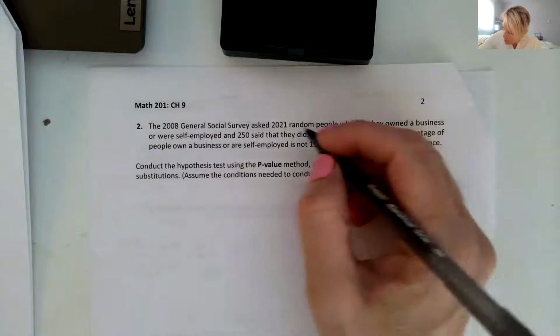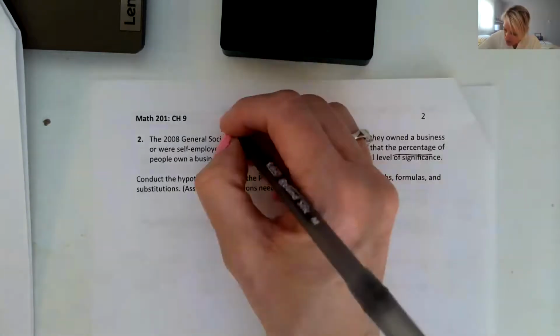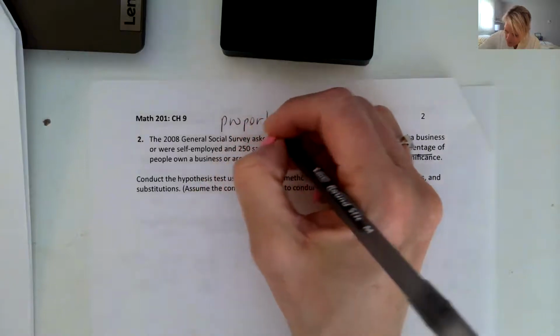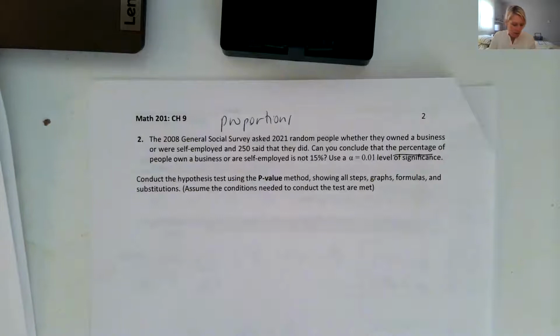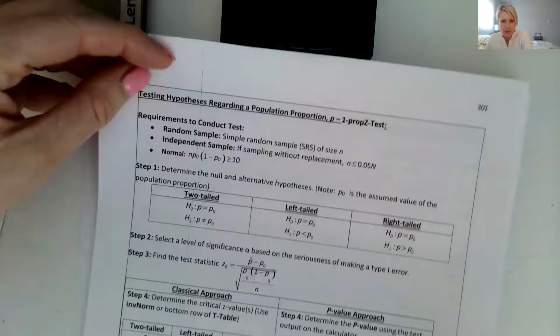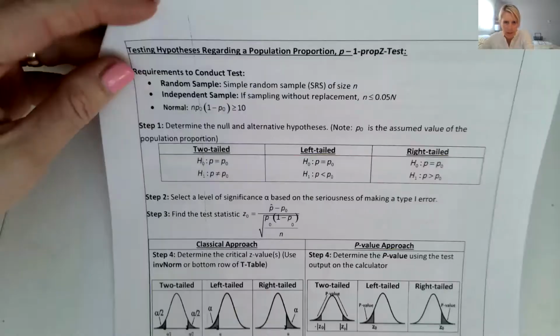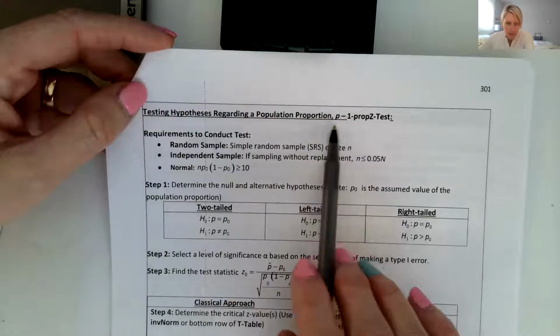Okay, so we're talking about percentages. So we're talking about proportions. And it's one sample. And so we're going to go to this page here, using the one sample, regarding the population proportion for one sample.